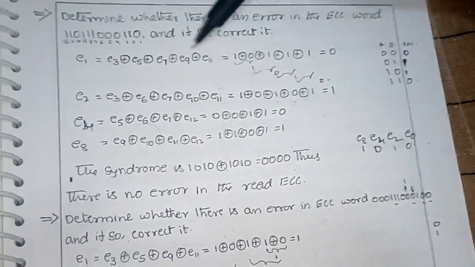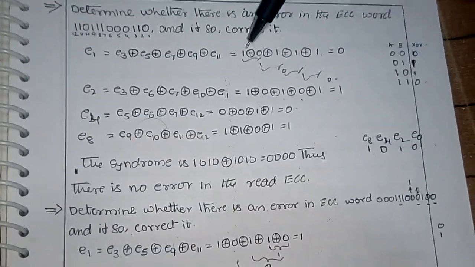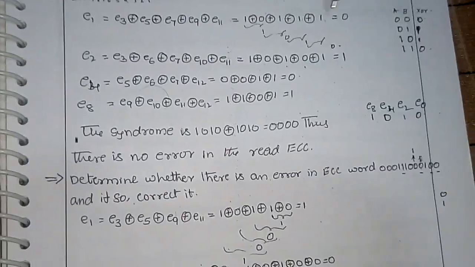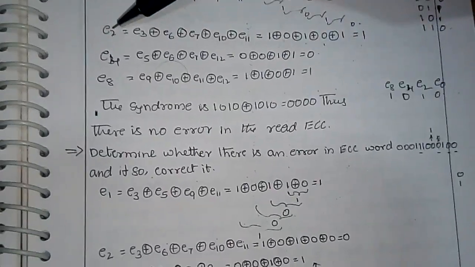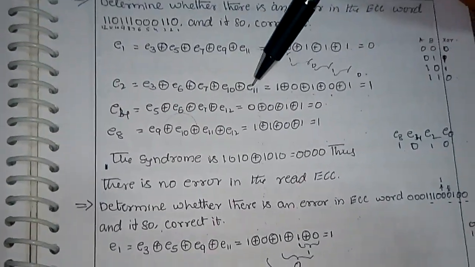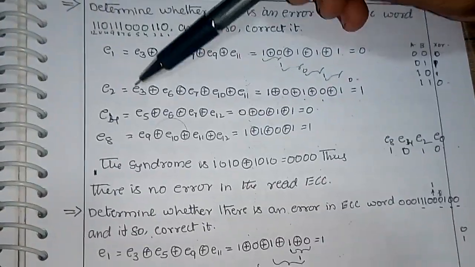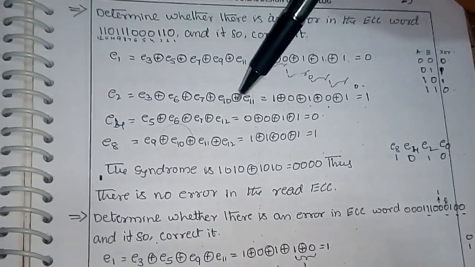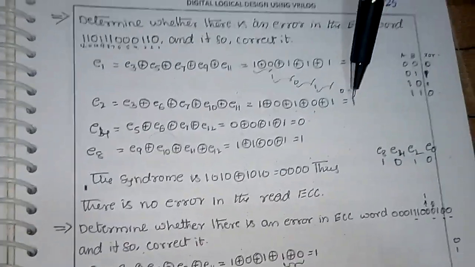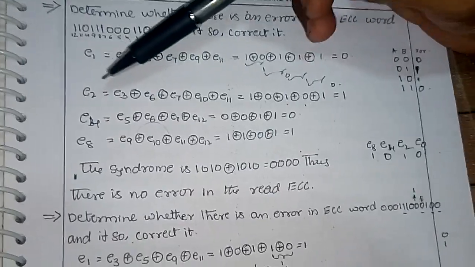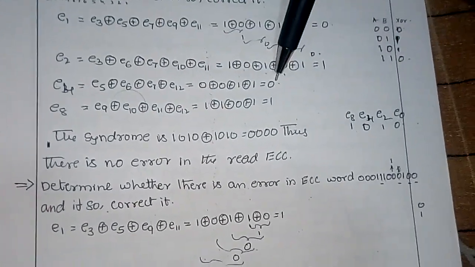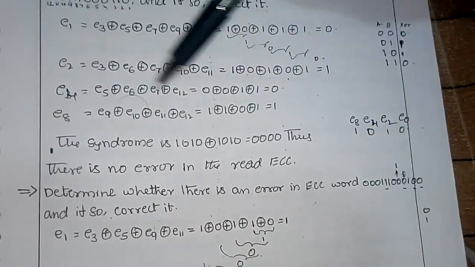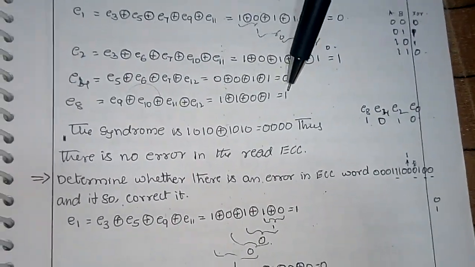E1 is this one; the corresponding data will be placed over that, and we get 0. E2, using the formula we generated earlier, the corresponding values will be placed, and we get 1. For E4, the corresponding value is 0. For E8, the corresponding value is 1.